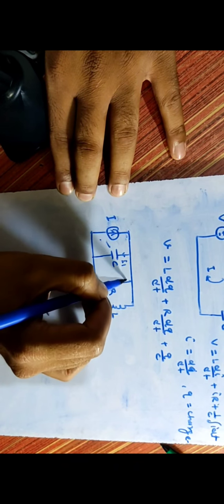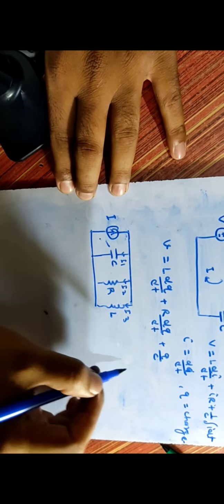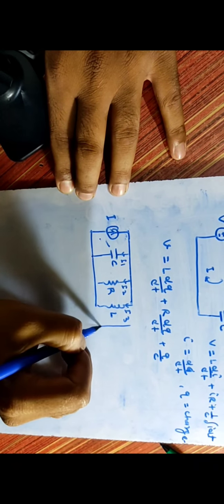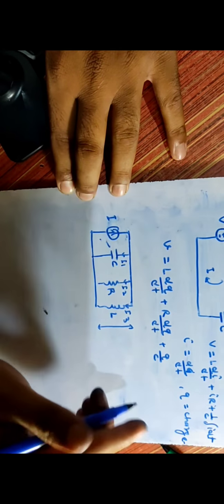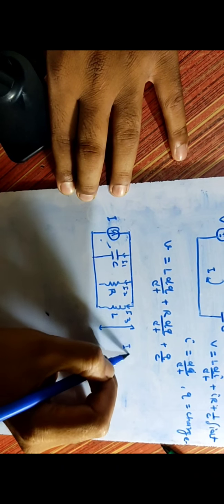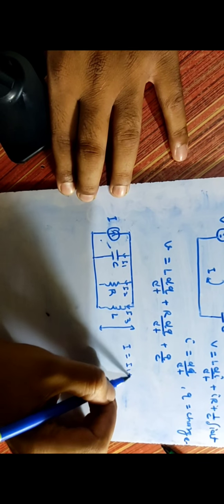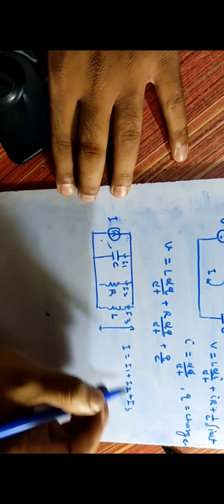Currents I1, I2, I3, and the voltage across inductor, resistor and capacitor are equal. So current is equal to I1 plus I2 plus I3.